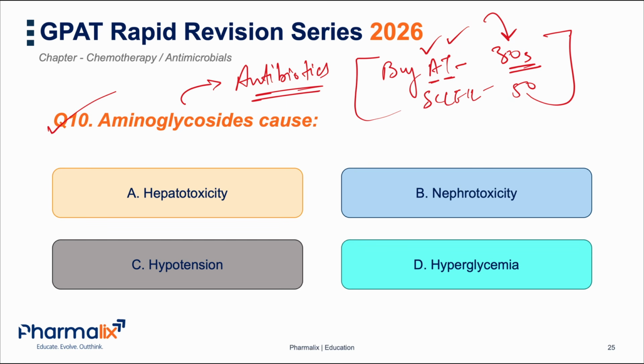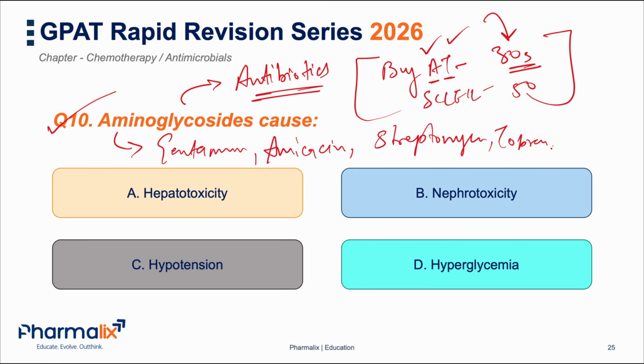And before we go on to the adverse effects caused by aminoglycosides, I wanted to discuss the common drugs in aminoglycosides. Basically, we have gentamicin, amikacin. Amikacin you may have applied on your skin, used somewhere in rashes. Streptomycin, very famous.